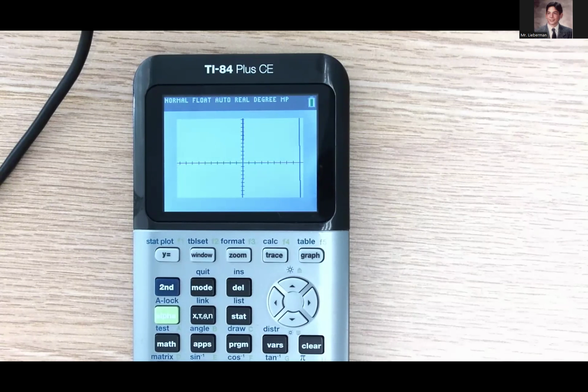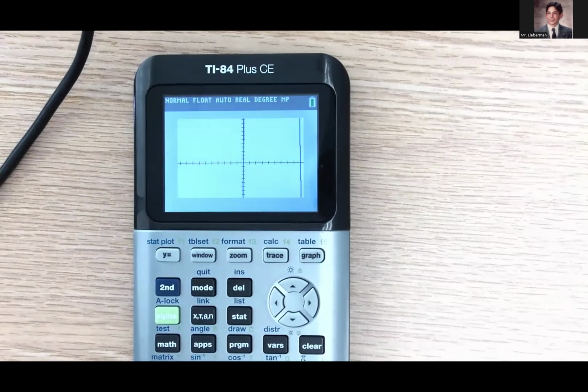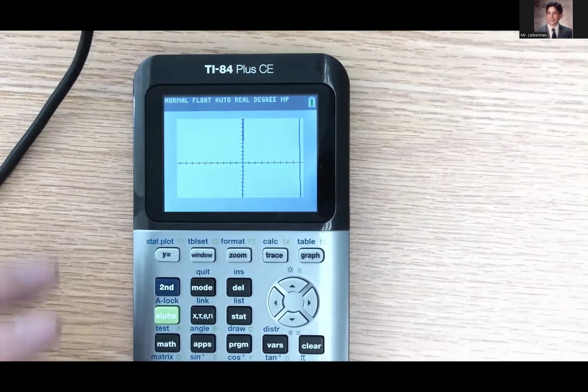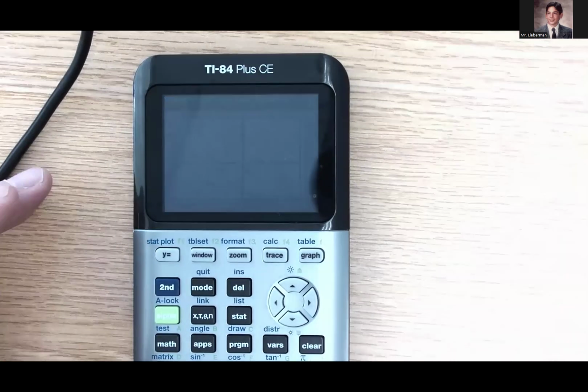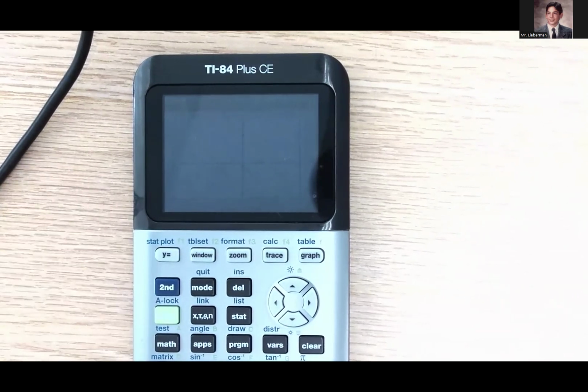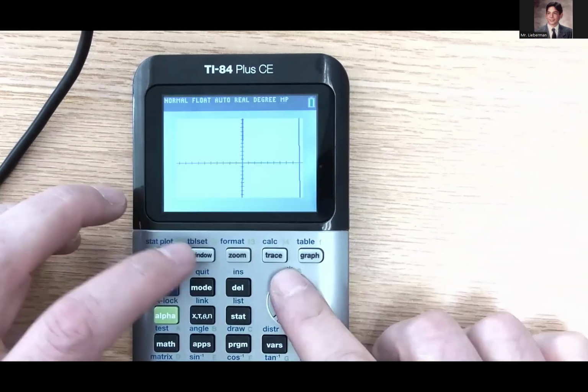I need some help. Jojo, can you help me with this, please? What do you recommend I do to make this look nice? You zoomed it? No, I didn't do that when I fixed my window. Oh, okay. Can you help me fix my window, please?